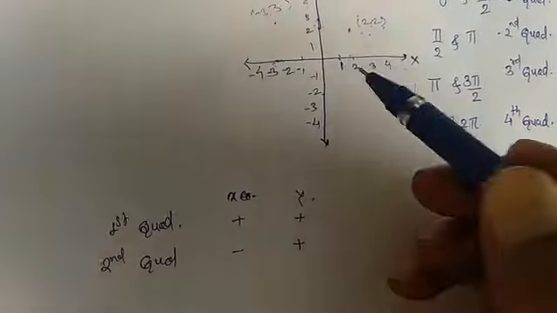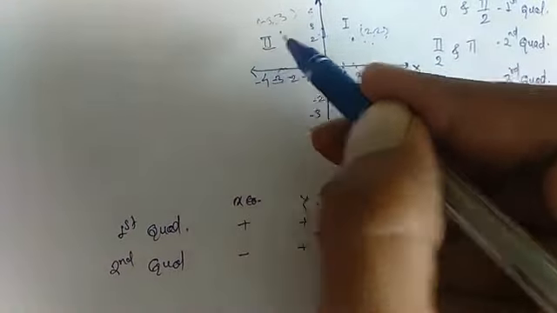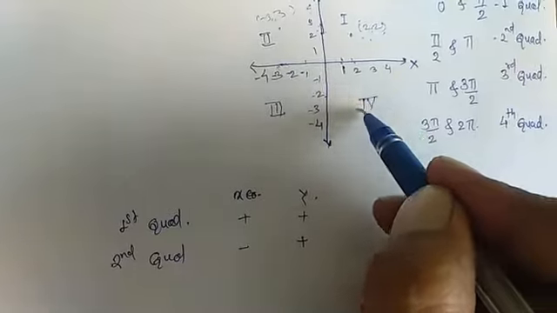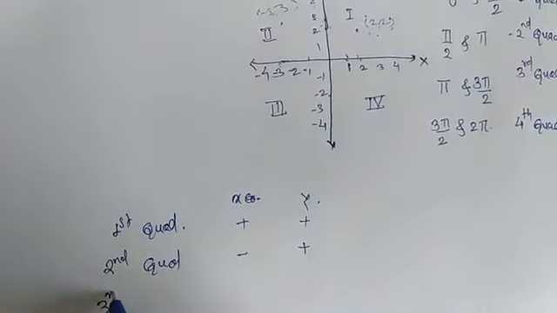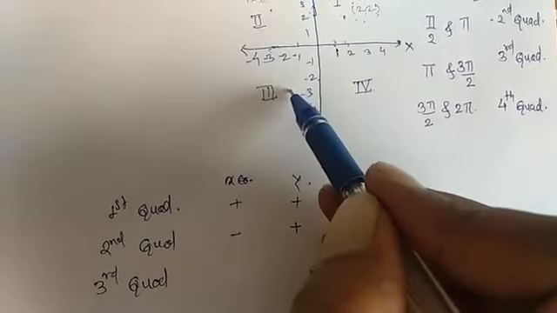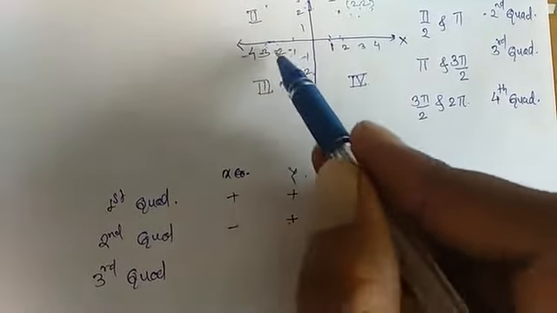Next, this is our first quadrant, this is our second quadrant, this is our third quadrant, and this is our fourth quadrant. In the third quadrant, if you consider a point like (-2, -3), both are negative.